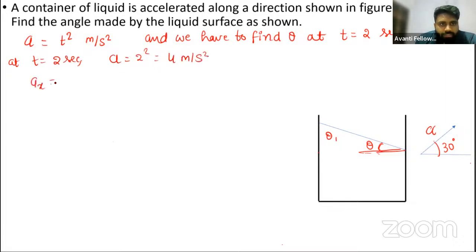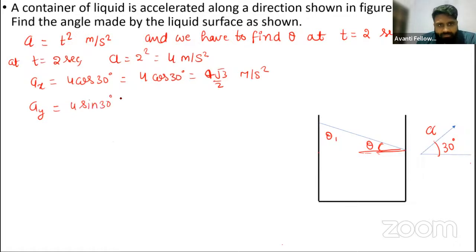Now ax would be 4 cos 30, which is 4 root 3 by 2 meter per second square. Ay would be 4 sin 30. So it will be 4 into 1 by 2. You can say it 4 by 2 meter per second square.